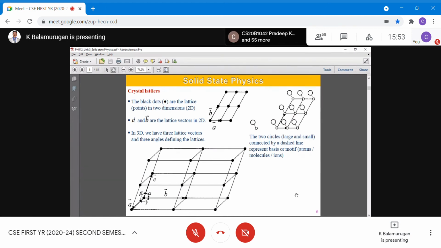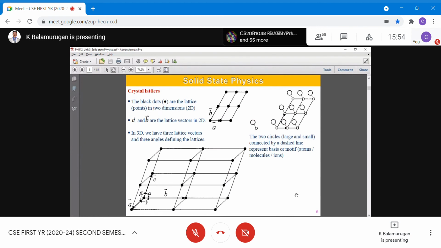Now, the crystal structure of a material is modeled with respect to these lattice points. You place the atoms or molecules. For example, with respect to one lattice point, you put one H2O molecule. There are 2 hydrogen atoms and 1 oxygen atom, so together it forms hydrogen oxide, the water molecule. You place one H2O molecule with respect to each lattice point.